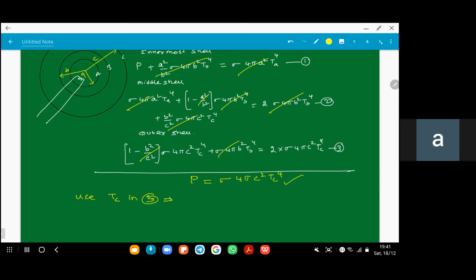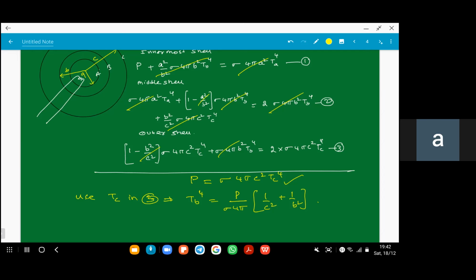You know what you are going to get? TB power 4 is P by sigma 4 pi times 1 by C square plus 1 by B square. Obviously, man, because you have this relation.